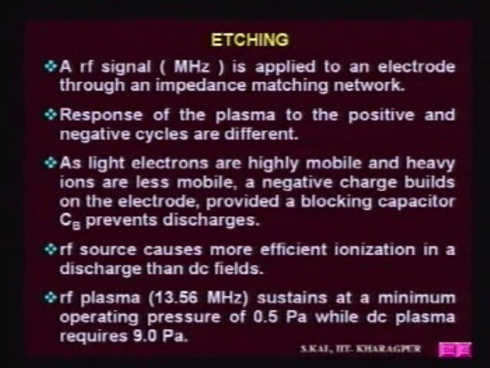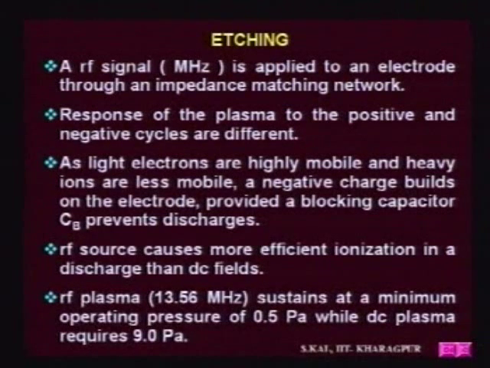The main advantage of RF plasma is that even at a very low operating pressure of 0.5 Pascal, efficient ionization will take place inside the plasma chamber. And if ionization is efficient, what will happen? The etching will be much more efficient, and the etch rate will be high also.